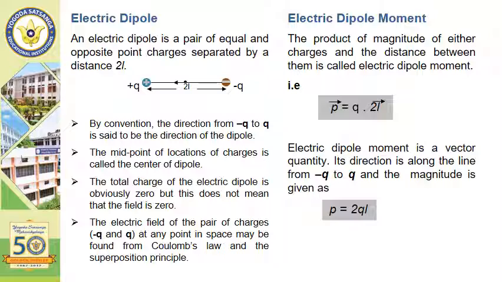That means they have a permanent electric dipole moment even in the absence of an electric field. Such molecules are called polar molecules, and we can take water as one of the examples.